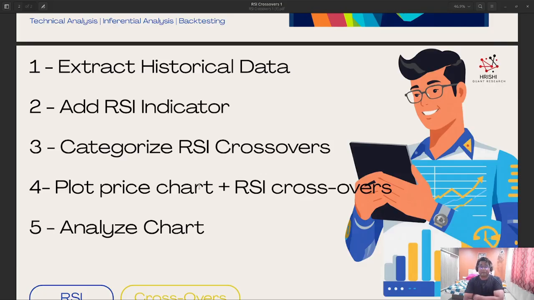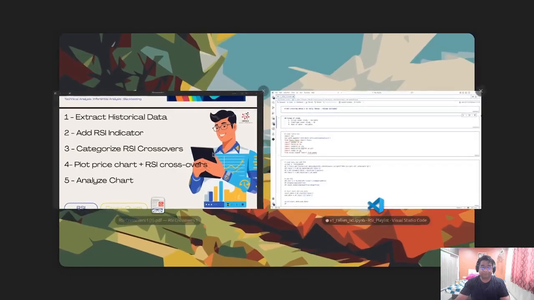Likewise for 20, 30, 40, 50, 60, 70, 80, and we will see the behavior of that RSI crossover where the volume is largest. Okay, so let's go and run our code.